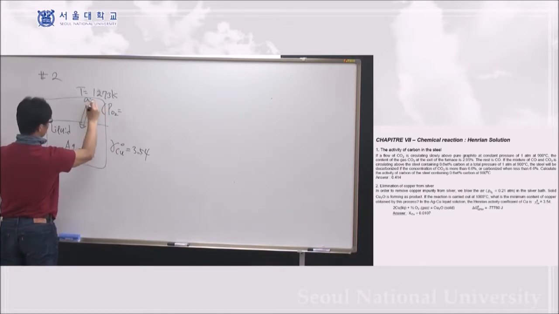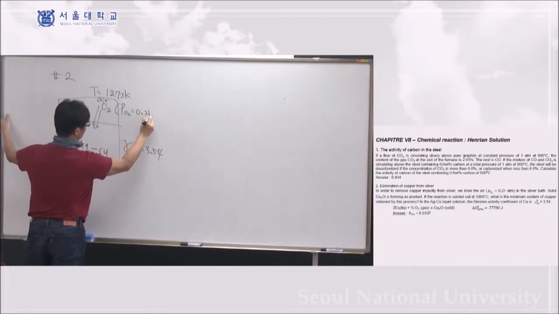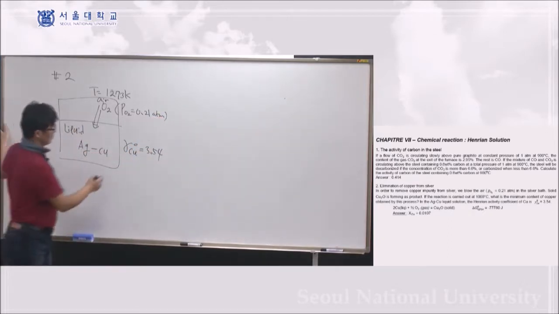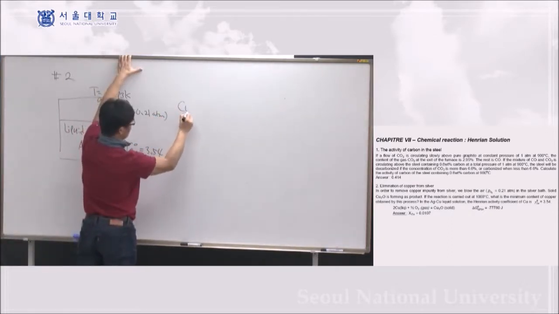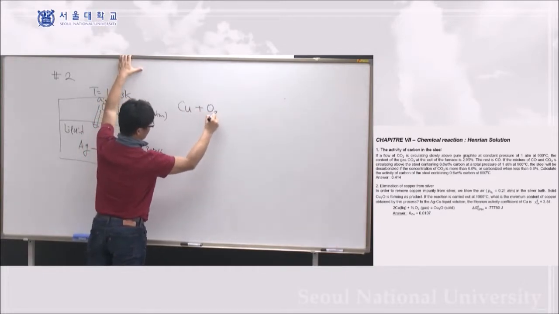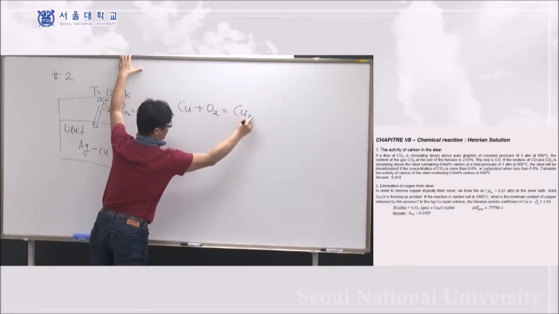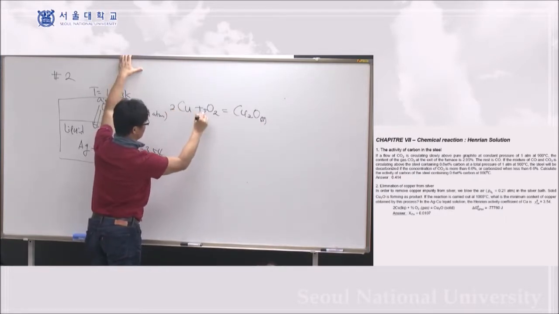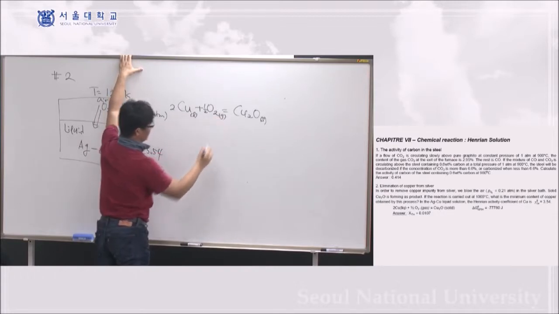So it's air, so PO2 equals 0.21 atm. And the chemical reaction we know is copper plus O2 to Cu2O, between the liquid and gas phase.